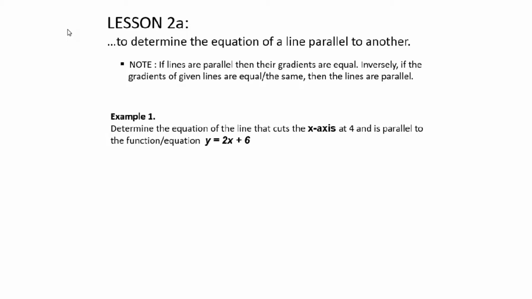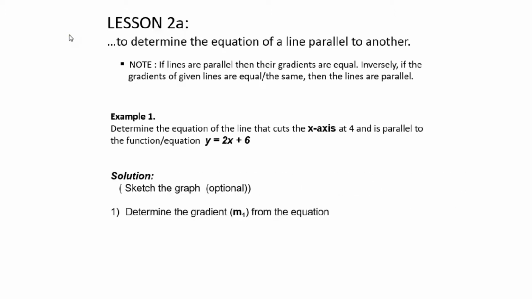We are going to determine the equation of the line that cuts the x-axis at 4 and is parallel to the equation y is equal to 2x plus 6. On this slide, I'm going to show you the steps that we are going to use. First, as we discussed in lesson number 1, we can do a sketch, which is an optional step, but I encourage you to do that.